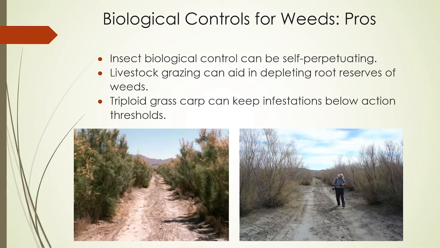They're not going to eradicate those aquatic weeds, but they will consume enough of them to keep things low. These are before and after pictures of salt cedar, and they released a leaf beetle, and great defoliation occurred. The population wasn't really eradicated. The tamarisk population started to decline, but it prevented the spread.